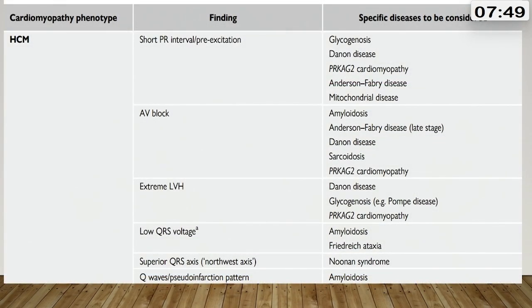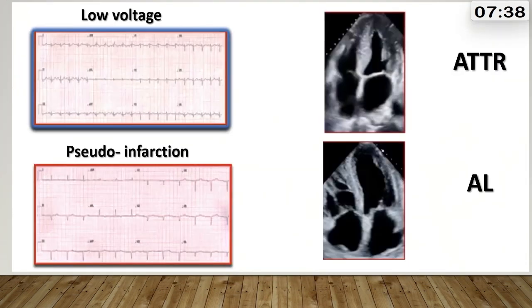Yes, the latest guidelines showed some ECG findings which can point to the specific underlying disease. For the sake of time, I'll pass this and mention just this example. If you have a thickened LV wall and low voltage ECG, this directs your mind to amyloidosis and the ATTR subtype. Pseudo-infarction pattern, can you see it in the anteroseptal leads, with AL amyloidosis.